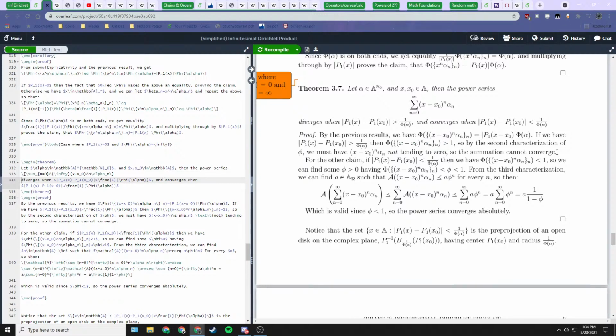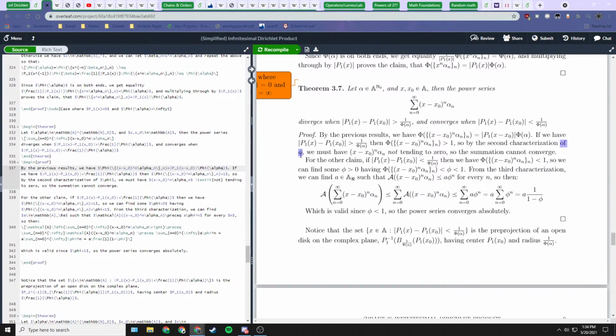Using the second characterization of our phi function, which is based on limits to 0: if this phi value is greater than 1, then when we multiply it by 1 to the power of n, which is just 1, this will not tend to 0. Because if it did tend to 0, then this would be less than or equal to 1. So by the second characterization, these terms don't tend to 0.